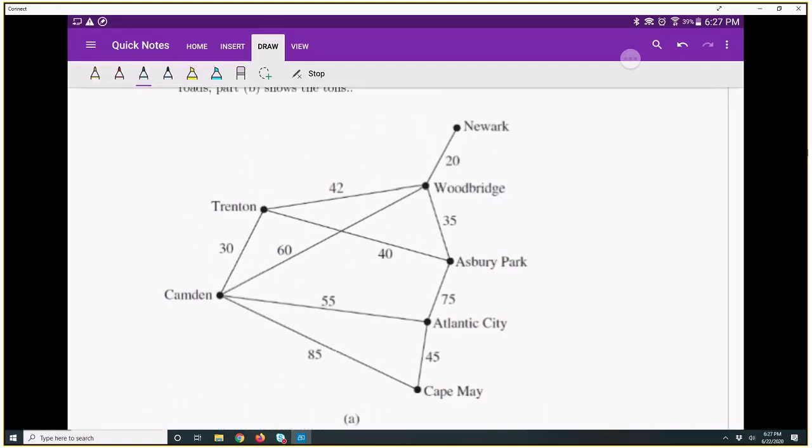So if we were following the closest neighbor algorithm, well, my first choice is always going to be to move from Newark to Woodbridge, 20 miles. But the closest neighbor algorithm would send me to Asbury Park, which would be 35, then to Trenton, another 40 miles, and then I'm in Camden after another 30 miles, but I have to travel to all of the cities, so I can travel to Atlantic City, Cape May, and back to Camden.